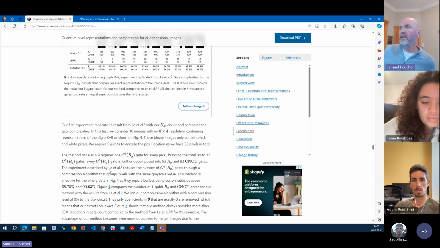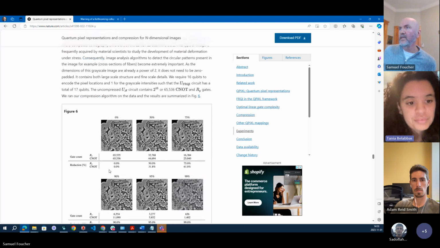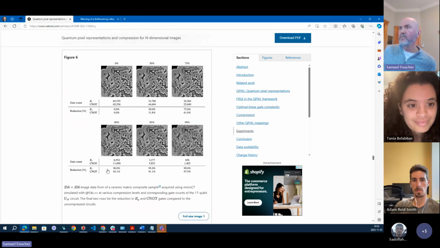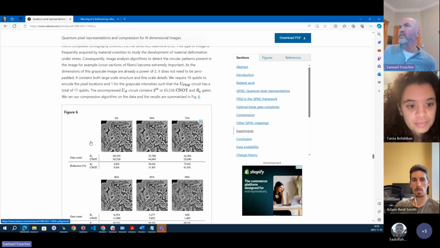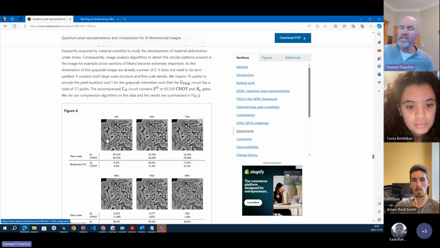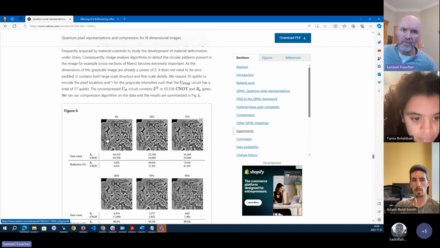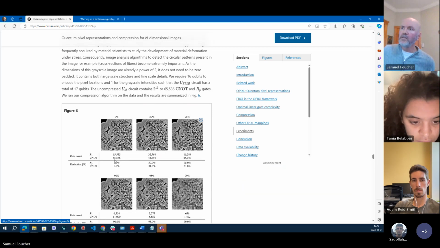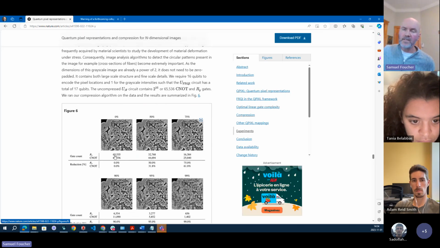So yeah, it's interesting. They show an example here with a bigger image, which is 256 by 256, an image that is more complex than just a black background. If you don't do compression, you have more than 65,000 two-qubit gates.